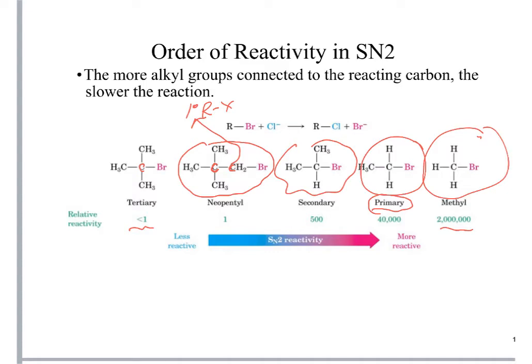Neopentyl will not react at all, even though bromide is attached to the primary carbon atom, because next to this primary carbon, we have a quaternary carbon atom, which crowds the backside of the reacting carbon to such an extent that the nucleophile cannot approach. So even though we have a primary carbon, since we have a quaternary carbon next door, there is just too much branching to allow for any nucleophile to approach from the back.